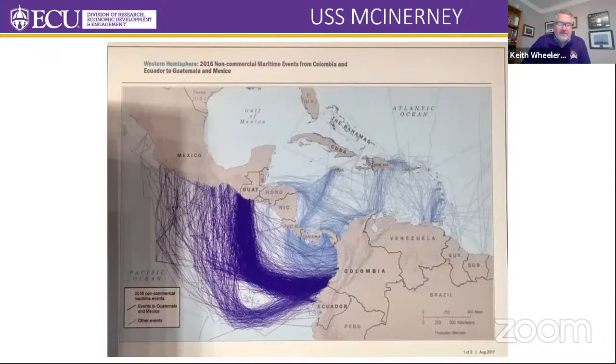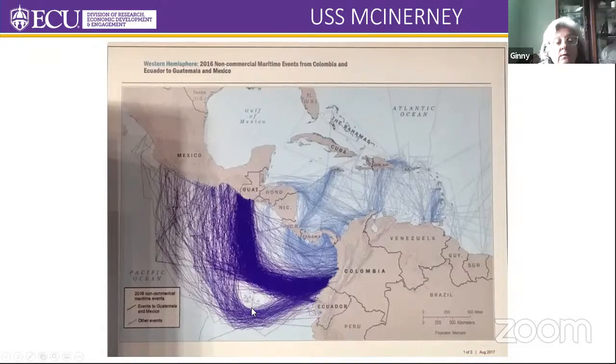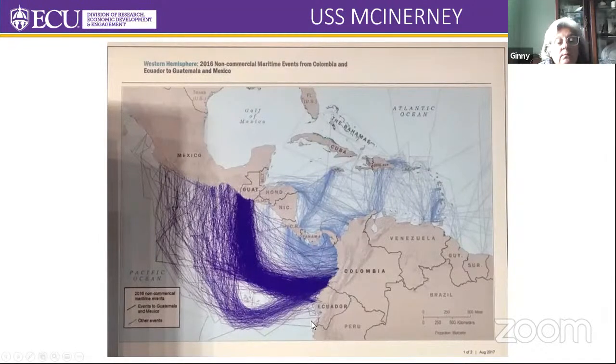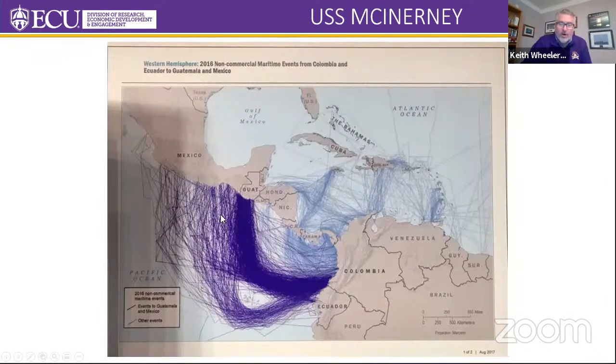I mean, this is the Galapagos Islands right here. So the Galapagos from Ecuador is hundreds of miles. Unbelievable. So you've got hundreds of miles that you've got to transit from land in South America to get around the Galapagos, and then you've got even more hundreds of miles that you've got to go, right?